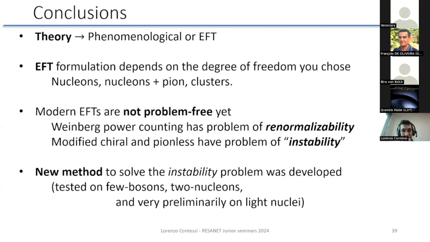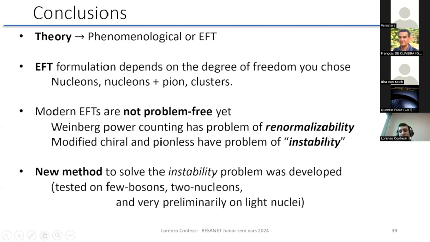So you want to have the possibility to go to the contact limit, again, to have error control. But if you do that and you focus on that, you are actually giving up the fact that the leading order interaction well describes the physics, and you start to have instability problems.